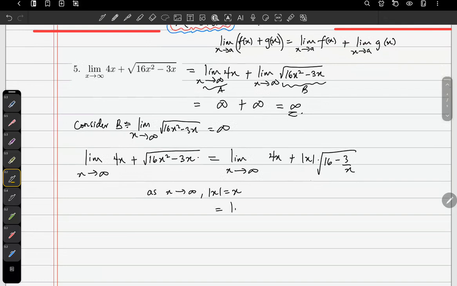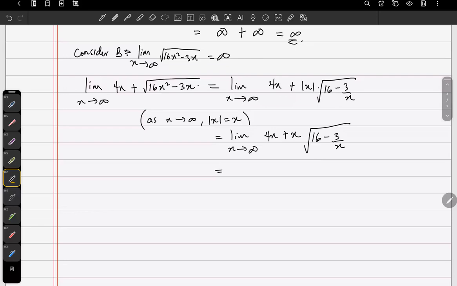So this is the limit as x goes to infinity of 4x plus x times the square root of 16 minus 3 over x. And with that, we can draw out the x. So x into bracket 4 plus the square root of 16 minus 3 over x.